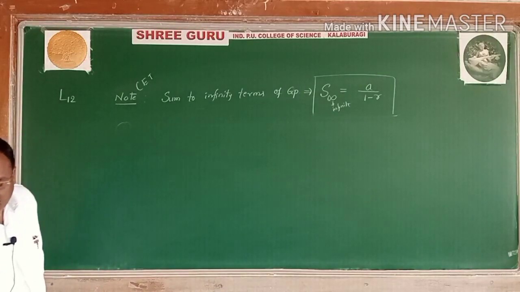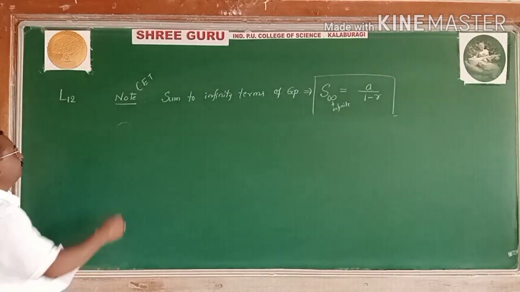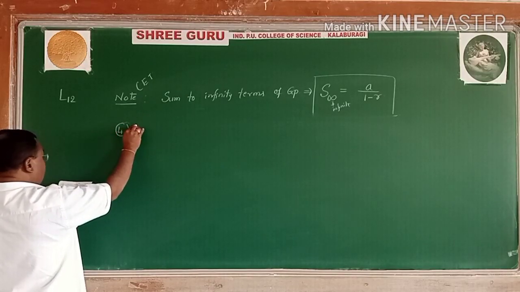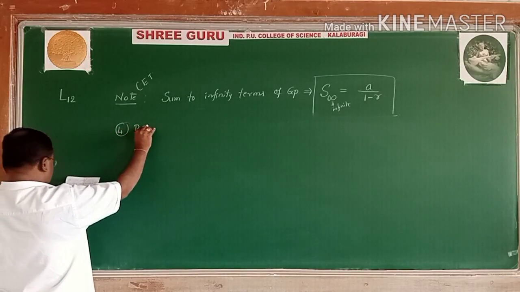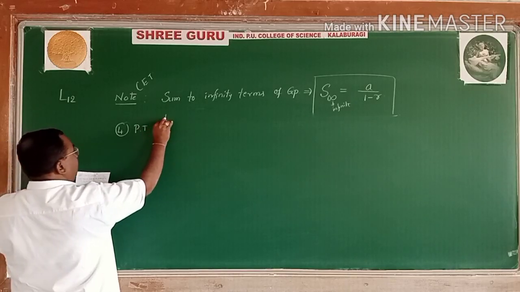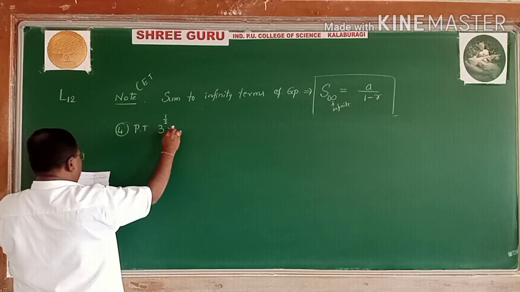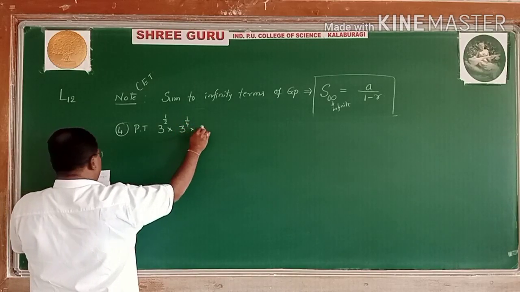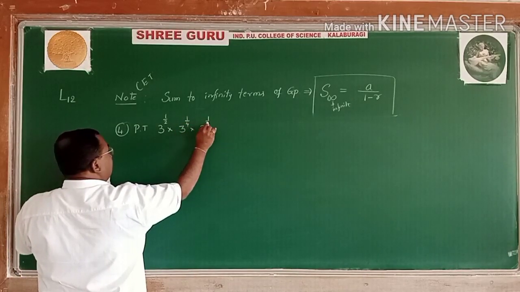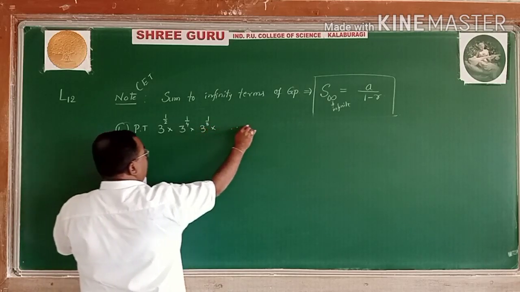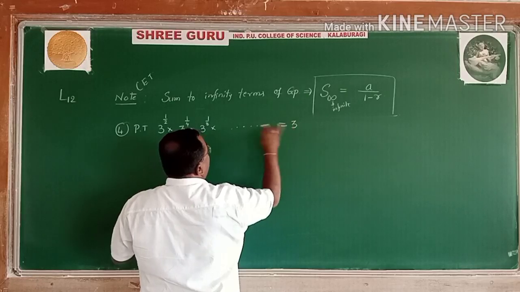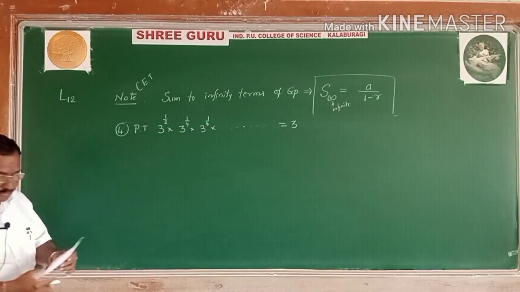Next, example number 4. Prove that 3 power 1 by 2 into 3 power 1 by 4 into 3 power 1 by 8 and so on up to infinity is equal to 3.